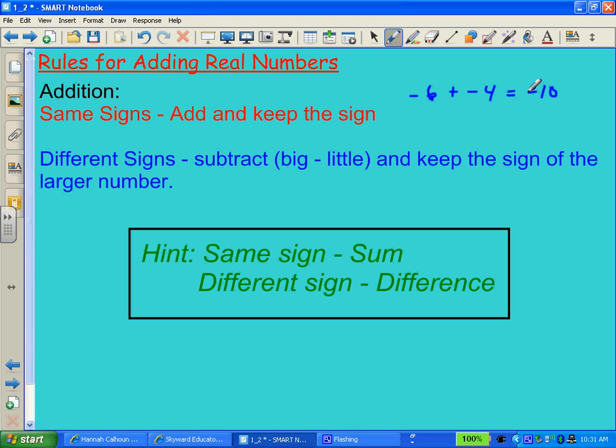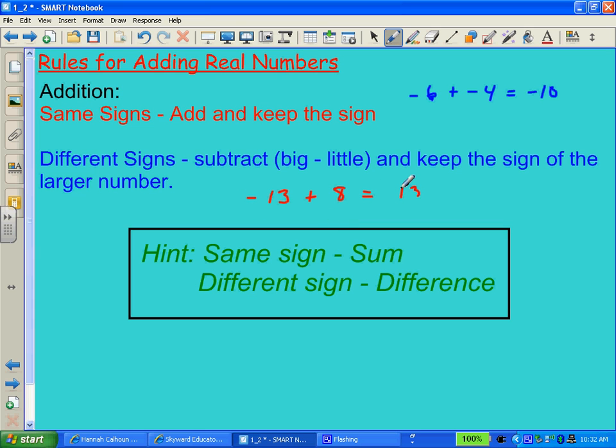If they have different signs, meaning one is positive, one is negative, you're just going to take the 2 numbers and subtract them, like big minus little. And then you're going to keep the sign of the bigger number. So here's an example. -13 plus 8. 8's positive, 13's negative.